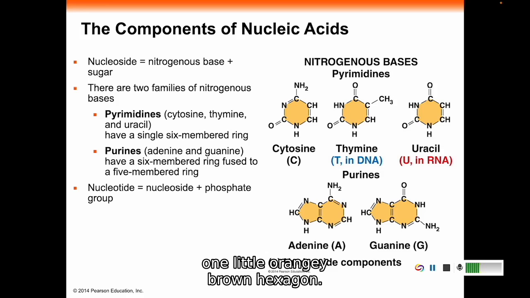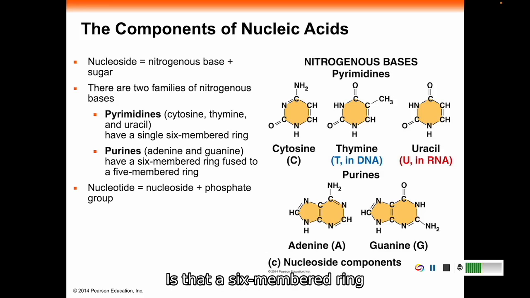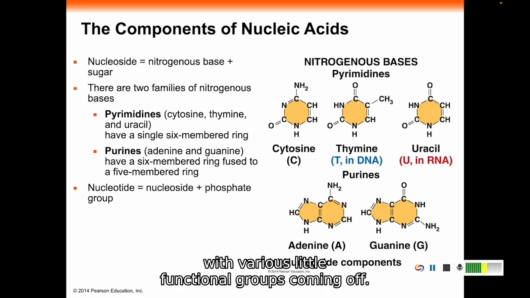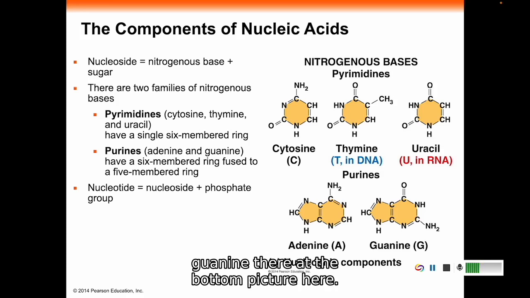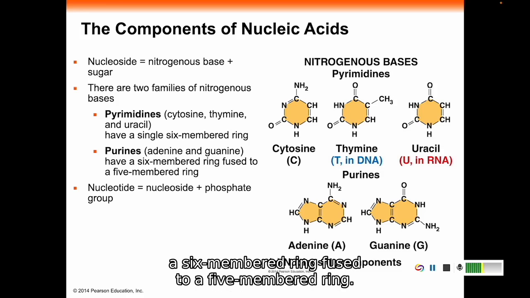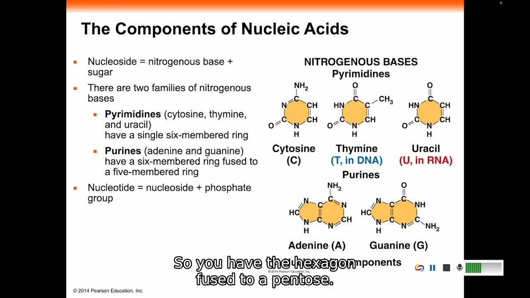That orangey brown hexagon is that six-membered ring with various little functional groups coming off. Purines are going to be adenine and guanine. They're at the bottom picture here. Adenine is abbreviated A, guanine abbreviated G. And they are made of a six-membered ring fused to a five-membered ring. So you have the hexagon fused to a pentagon.